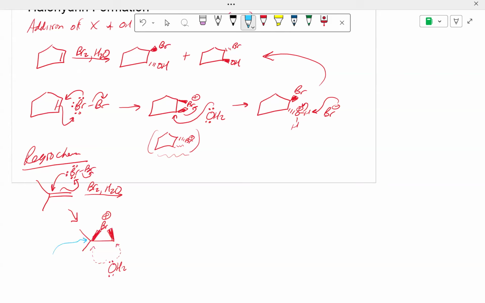You hopefully predicted that this carbon has more positive character because it would, in theory, form a more stable carbocation. And this carbon has less positive character. So the water will attack the more substituted carbon of the bromonium ion.